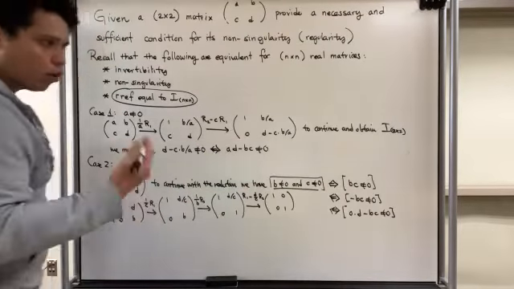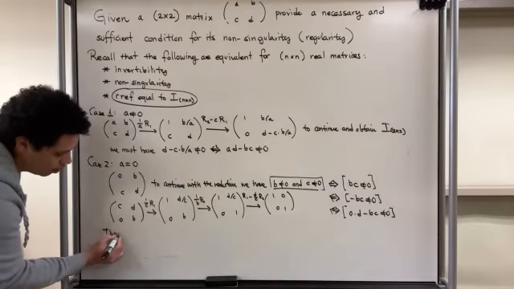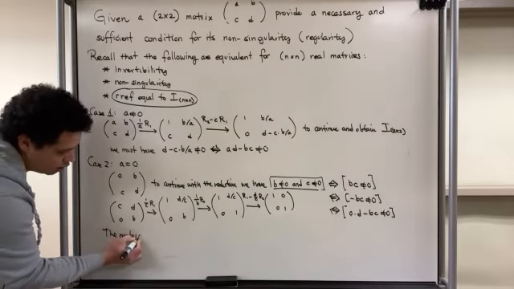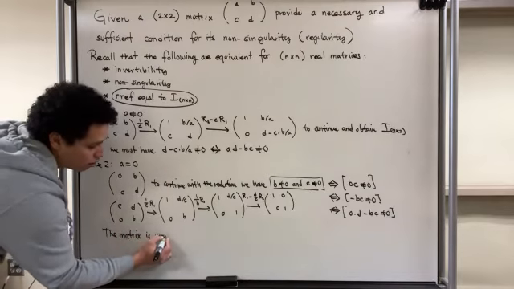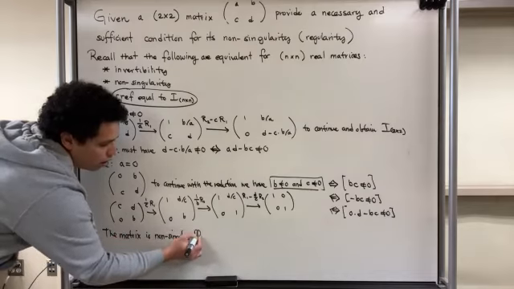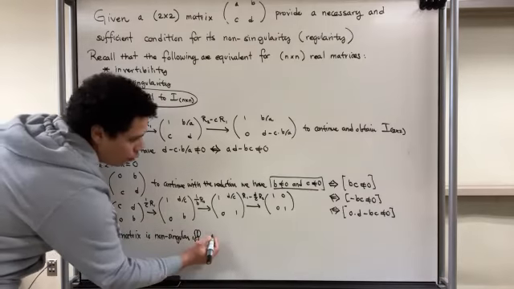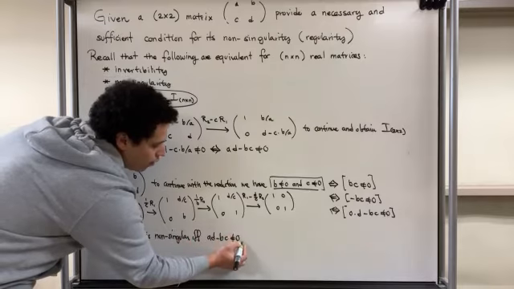So overall, we can conclude this. The matrix is non-singular if and only if we have that AD minus BC is different from 0.